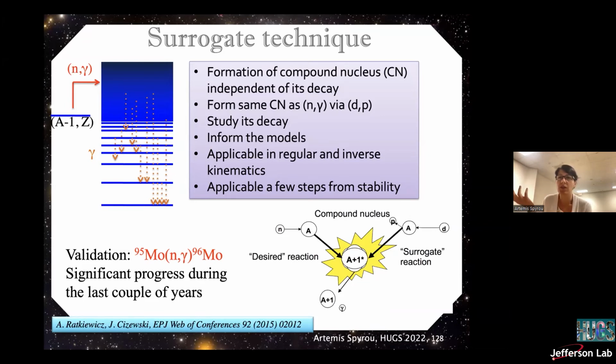The excitation energy that you populate is a little different. The reaction mechanism is different. So all of that comes into this surrogate method to, in the end, extract the neutron capture from a (d,p) reaction, for example. So it's similar, it's just still not the same. That's why it's still considered an indirect technique. Okay.